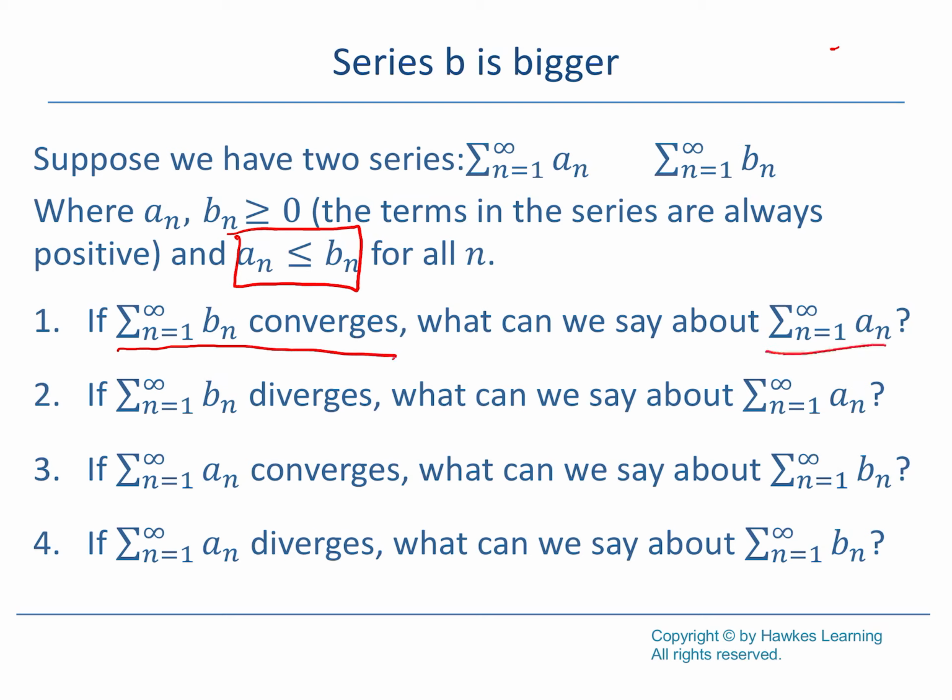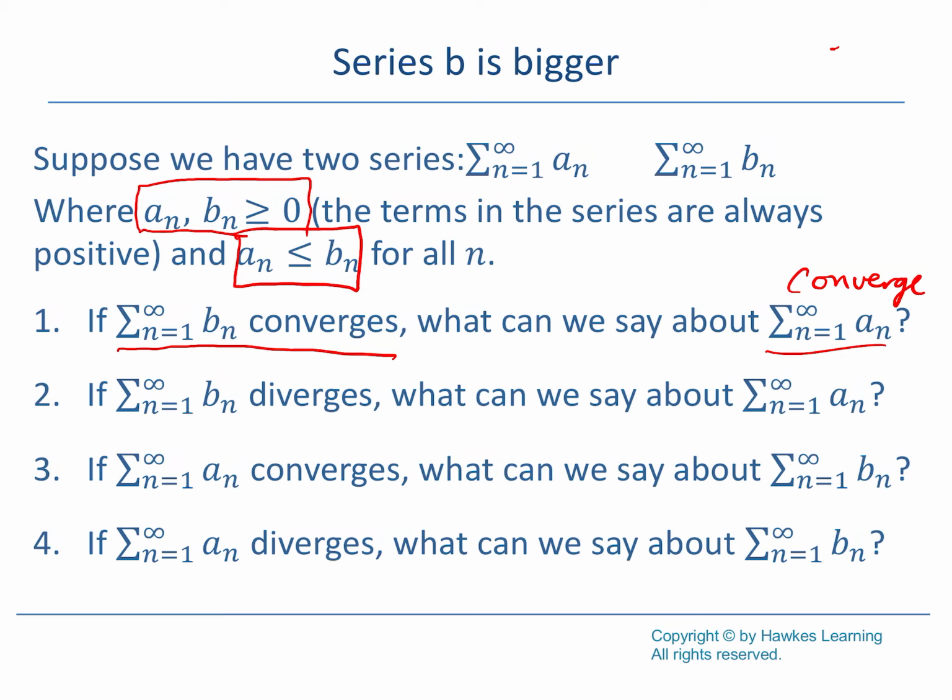It would converge as well. If the big series converges, the smaller one should converge as well. I guess I didn't point this out earlier, but we are working with terms in our series that are all positive. So yes, if we're working with the bigger series and that converges, then the smaller one does too.